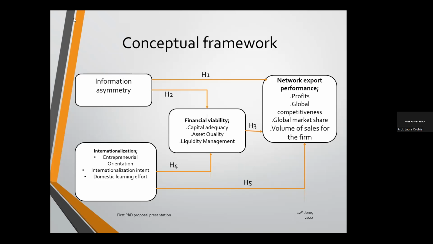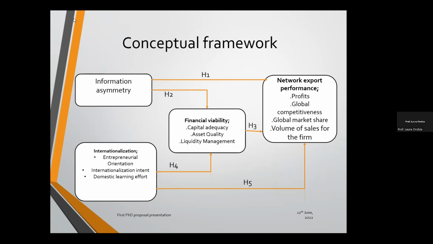What is financial viability? So in a nutshell, on the conceptual framework, yes, you have a nice flower there, but you need to read more. What is said about those concepts? How has it been measured over time? And what do you think will be relevant in your study?